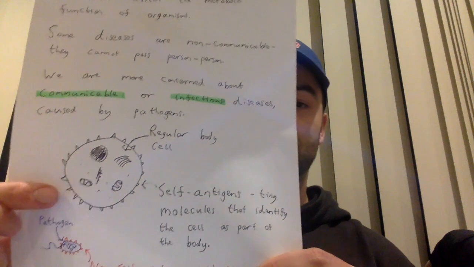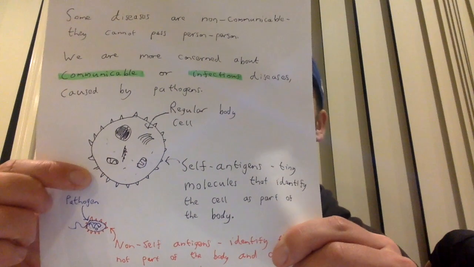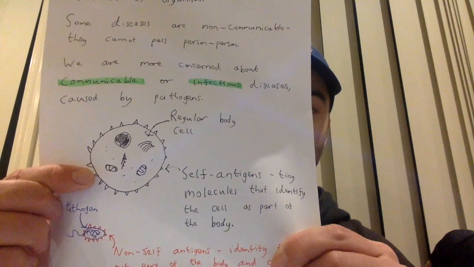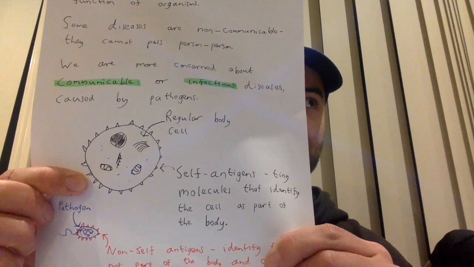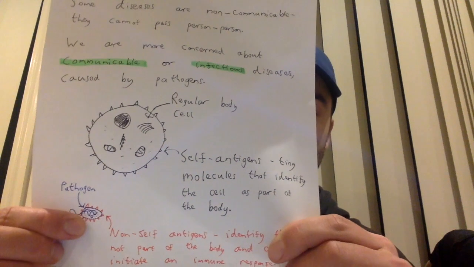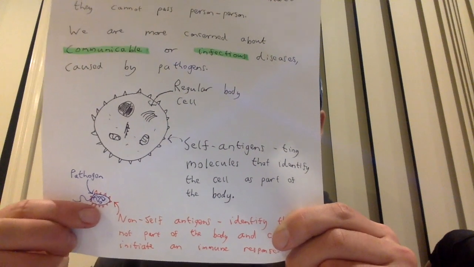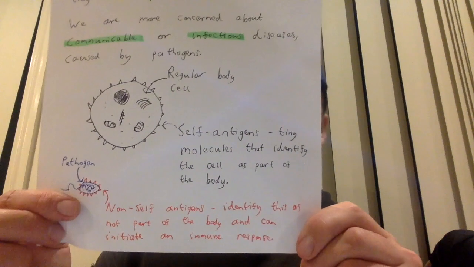So when your immune cells come across this regular body cell and see those antigens, they detect them as self-antigens, meaning they're meant to be there, and that's fine, the immune system won't do anything. Whereas when the immune system encounters these non-self antigens, found on the pathogen here, that can initiate an immune response.